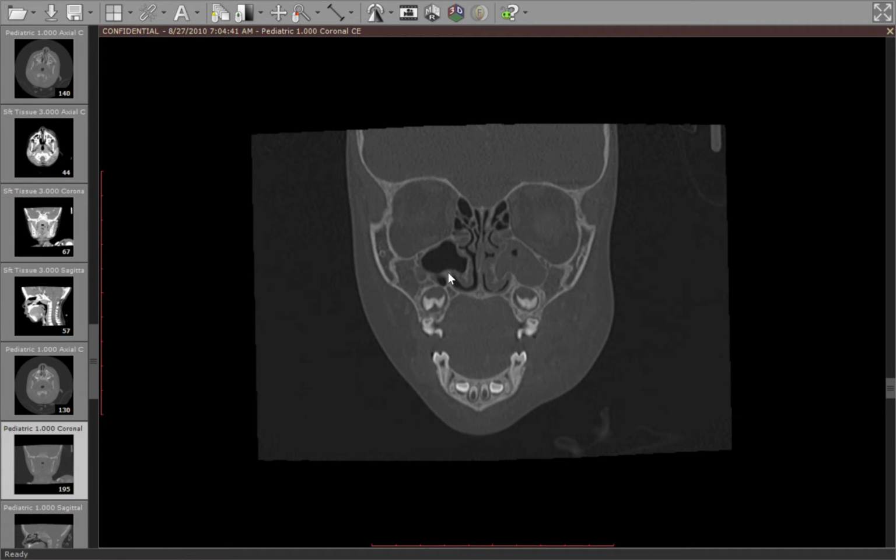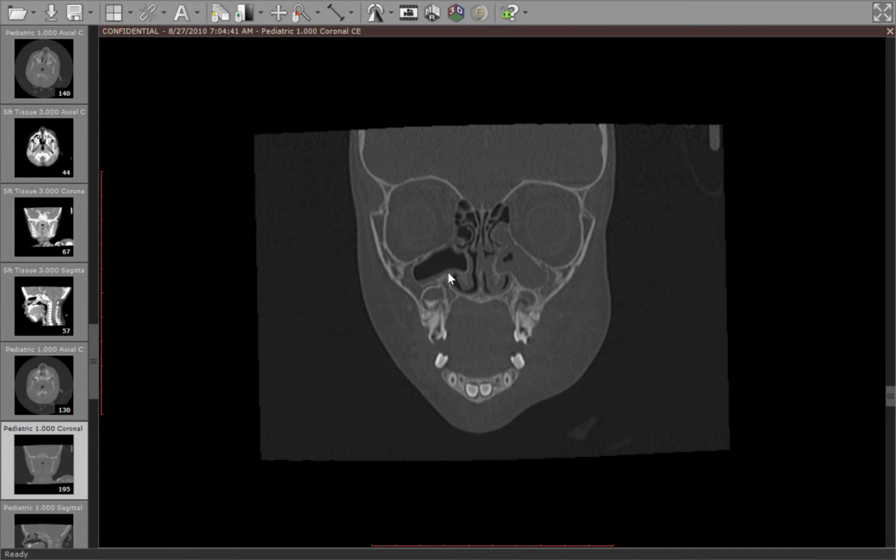And so let me show you something here. So here we have decay on this primary maxillary molar, and the pulp is probably involved given the extent of decay. Kind of see it here on the other side as well. And likely the root is affected as well, and you can see the root ends right where the permanent tooth is developing on both sides.